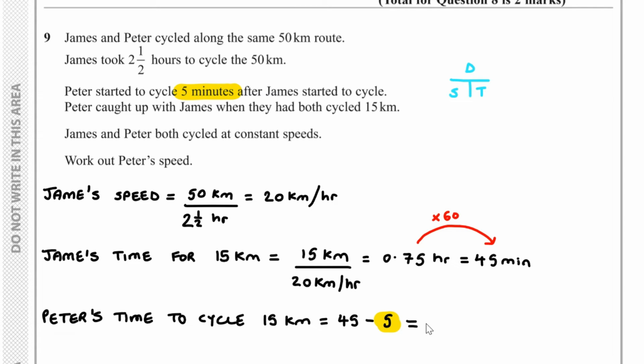So we get 40 minutes. And if we convert this into hours, then we need to divide 40 by 60 to get 2/3. So we have 2/3 of an hour. So to go from 40 minutes to 2/3 of an hour, we needed to divide through by 60.